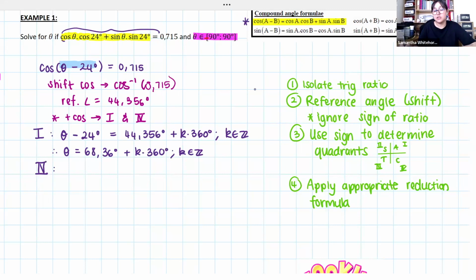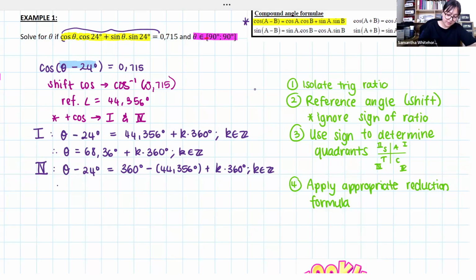Right, so that's my first solution. My second solution is now in quadrant 4. Same thing, I take my angle, theta minus 24, and I make it equal to, and in this case, because there's a reduction that I need to apply, I must do so. Quadrant 4 is 360 minus theta, so 360 minus my reference angle of 44,356. And then again, because I've now started working with angles, I need to have my plus k times 360.